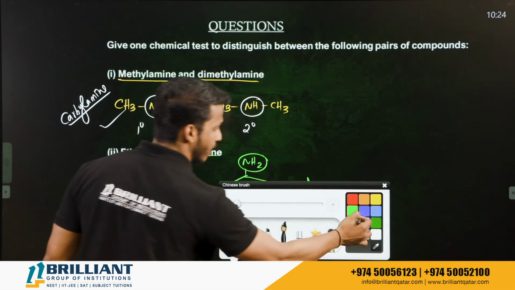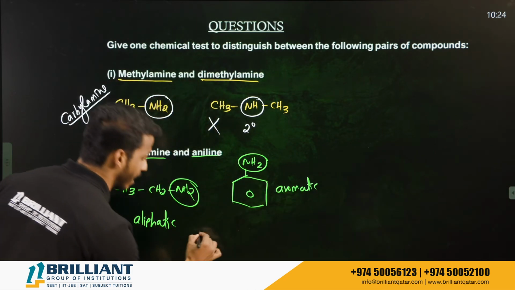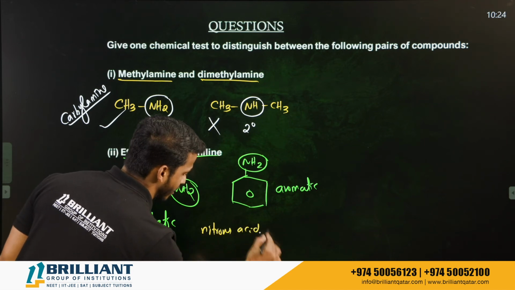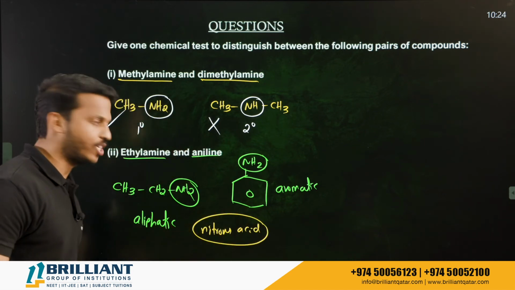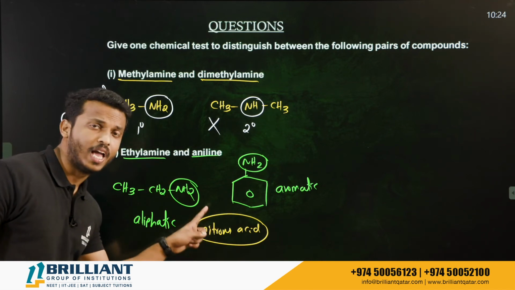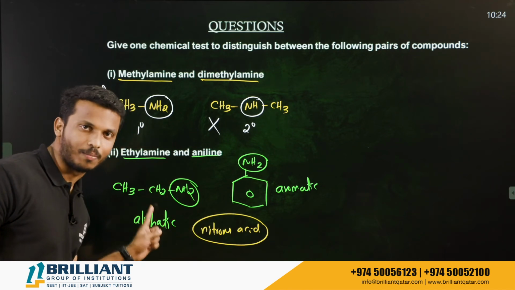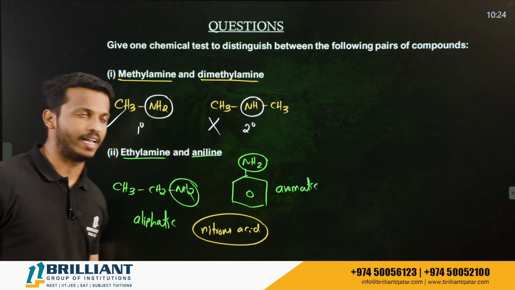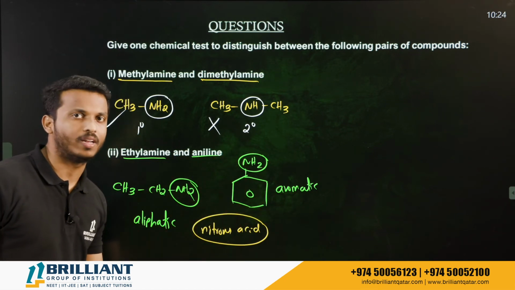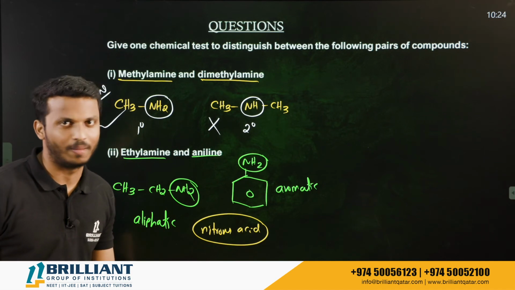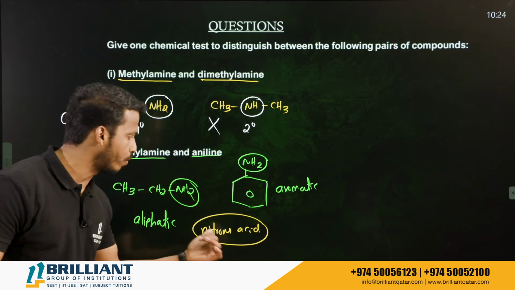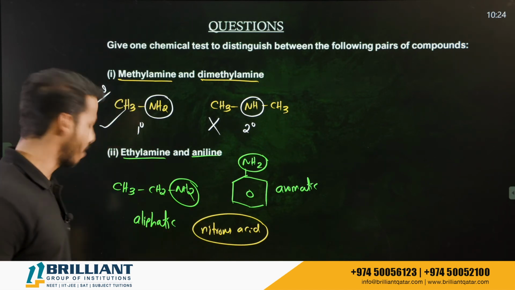The distinguishing test is the nitrous acid test, right? When nitrous acid reacts with the aliphatic amine, it gives the salt, which is unstable and gives alcohol immediately. Whereas the aromatic amine is stable and won't give alcohol immediately. So aliphatic and aromatic amines can be distinguished by the nitrous acid test. Clear all?